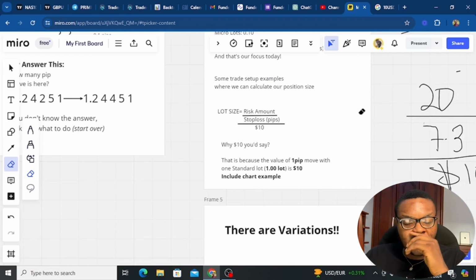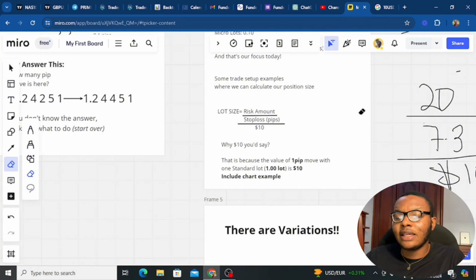Now, if you're trading a bigger account, like a 10K account, a 20K account, and you want to risk 2% of your account, how do you go about it? Your 2% risk, you bring that to monetary amount, not percentage.